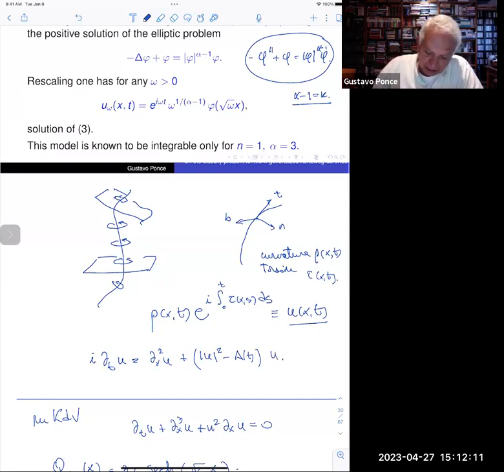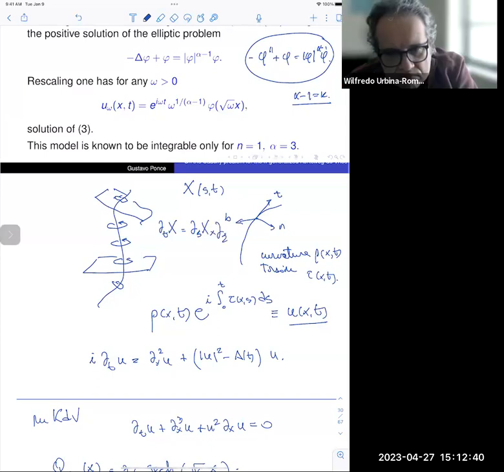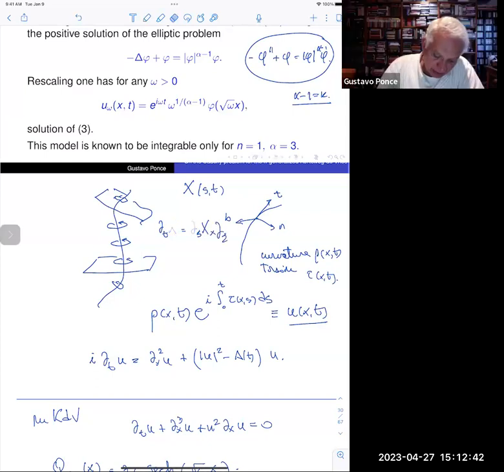Then you have a curve that is the center of vorticity. You can prove that this curve, which depends on the parameter s and the time, evolves like this. The derivative is in the direction of the binormal. Let me write it in a better way. This is your curve.